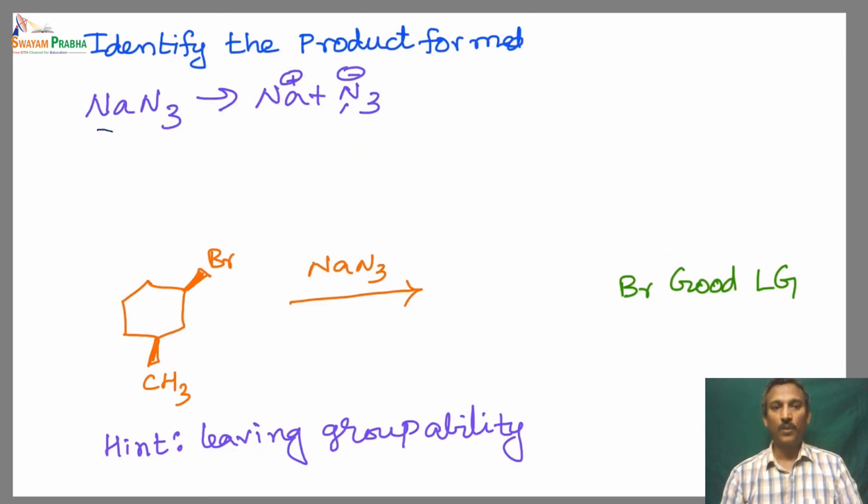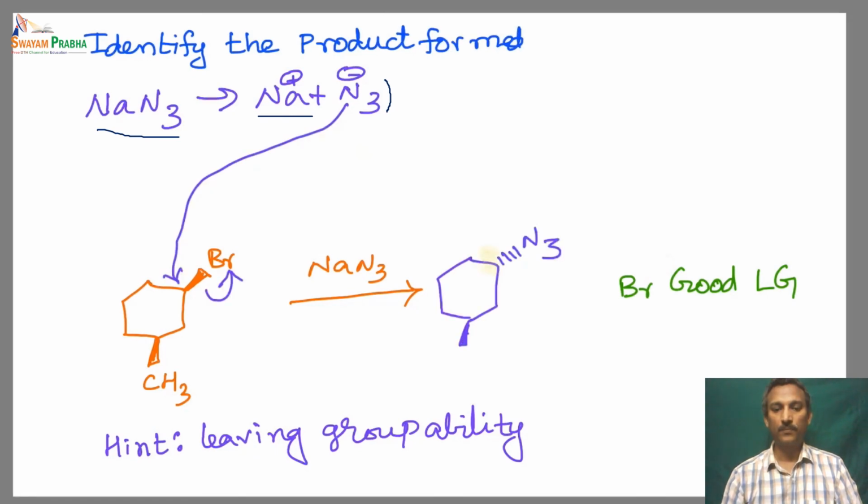So we saw this sodium azide is split into Na plus and N3 minus. In the next step, this N3 attacks this particular carbon from the rear side.